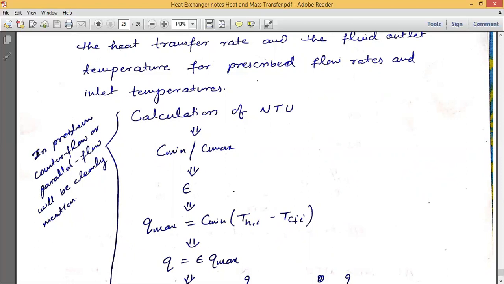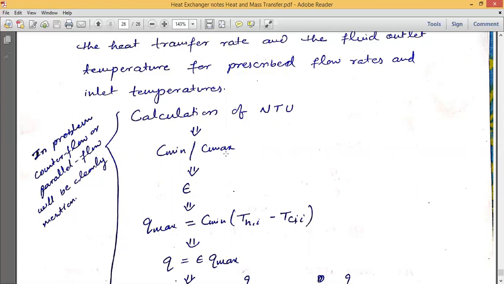Since you are going to check the performance of an existing heat exchanger, whether it is counter flow or parallel flow will also be known earlier. It will be clearly mentioned in the problem.